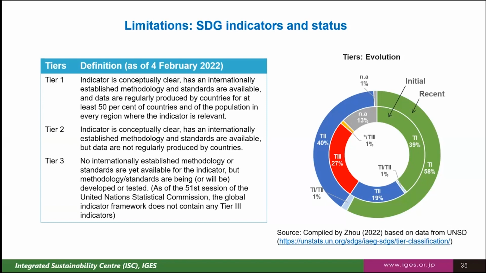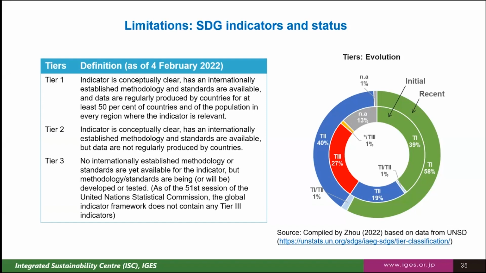Tier 1 indicators have established methodology and data is available for at least 50% of the countries. And Tier 2 indicators have established methodology, but data is not sufficient. And Tier 3 indicators do not have established methodology.